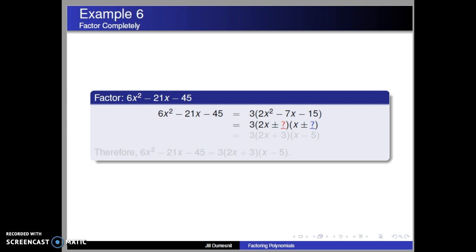To make the outer product have a coefficient of negative 10 requires that the 2x be multiplied by minus 5. To make the inner product have a coefficient of 3 requires that the x be multiplied by 3. Therefore, 6x squared minus 21x minus 45 can be factored as the constant 3 times 2x plus 3 times x minus 5.